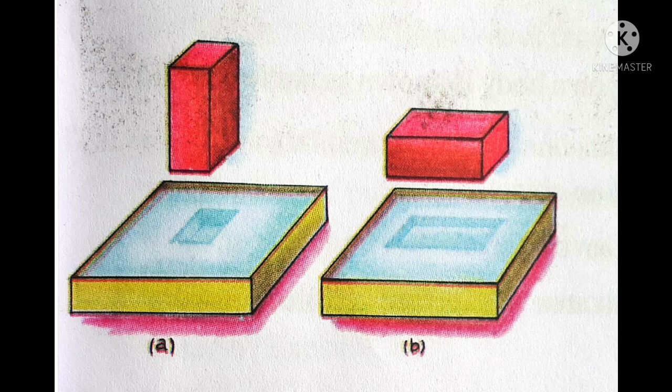In the above activity, the contact area on which force is acting is different in each case. The depth to which the brick sinks in the first tray, figure A, is deeper than that in the second tray, figure B. This is because in figure A, the contact area or the surface area on which force is acting is smaller, and hence the pressure exerted by the brick is more.